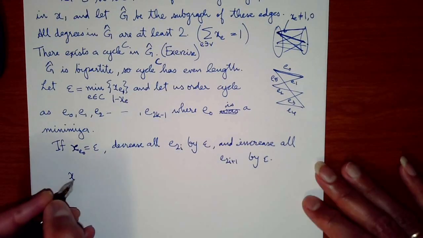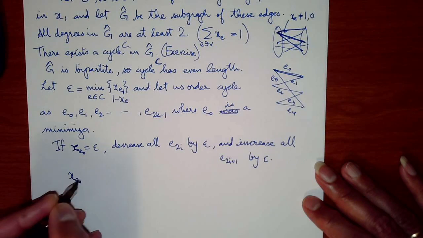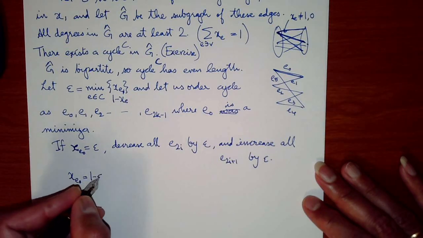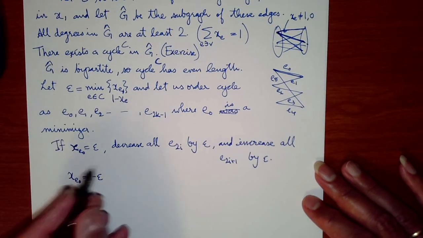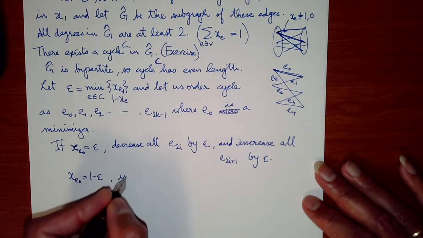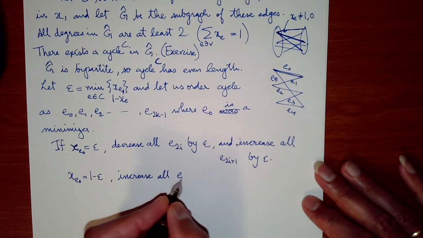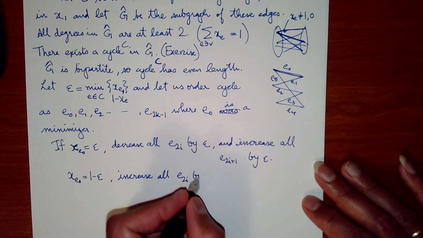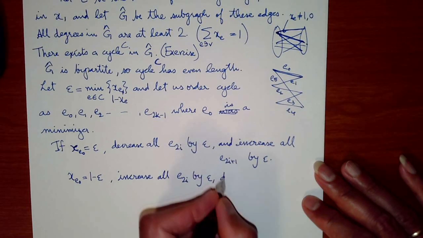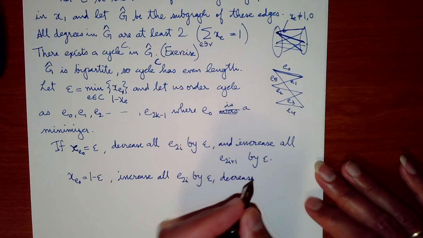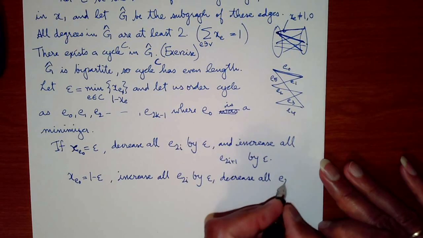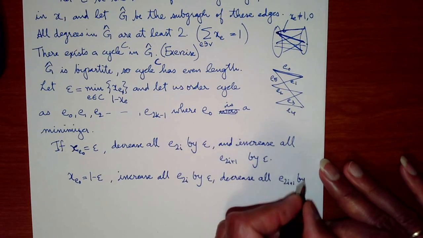And if xe0 was actually 1 minus epsilon, so if the minimizer was the other one, then I just do the opposite. I increase all e2i by epsilon and decrease all e2i plus 1 by epsilon.